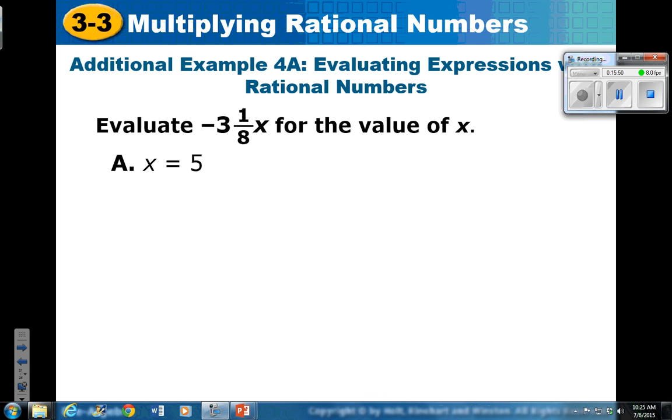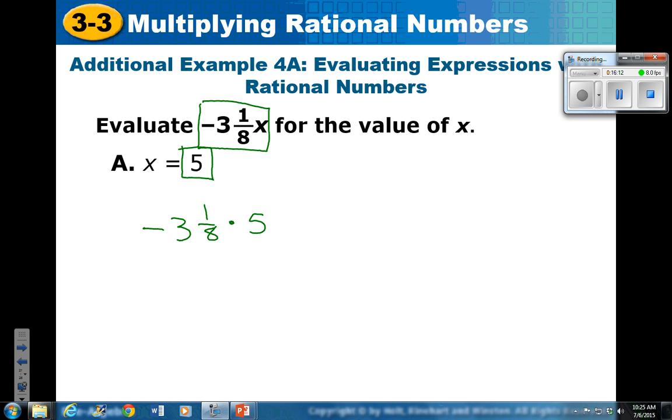Okay, we're back to fractions. Our directions say to evaluate this expression for the value of x, and they told us that x equals 5. So we're going to write the expression negative 3 1/8, and then in place of the x, we're going to put 5.